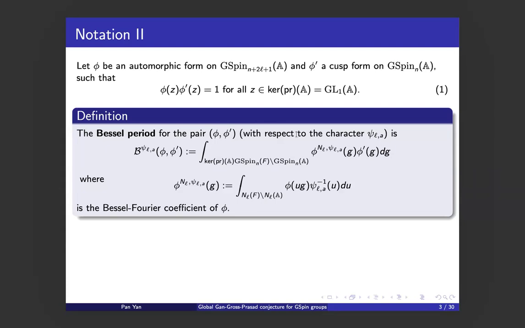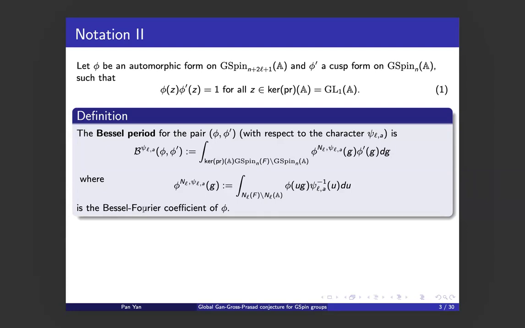Now, the Bessel period for the pair phi and phi prime with respect to the character psi_{l,a} is defined in this integral, where we first take the Bessel Fourier coefficient of phi. This means that we take this Fourier coefficient with respect to N_l and the character psi_{l,a}. We take this Fourier coefficient first and pair it with the cusp form phi prime, and then integrate it over GSpin_n(A) quotient by GSpin_n(F) and the kernel of the projection A. So this is the Bessel period.